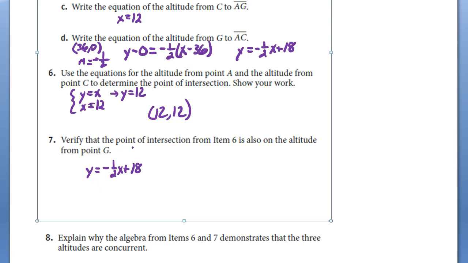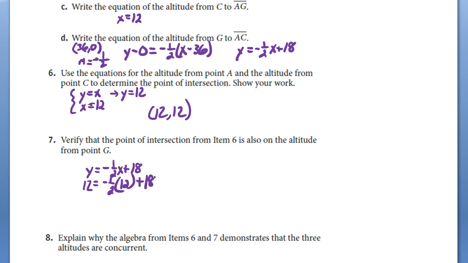Number 7, let's verify that that point of intersection is also on the altitude from point G. The altitude line from point G had this equation. And if (12, 12) is on that line, then putting 12 in for y and 12 in for x has to satisfy the equation.